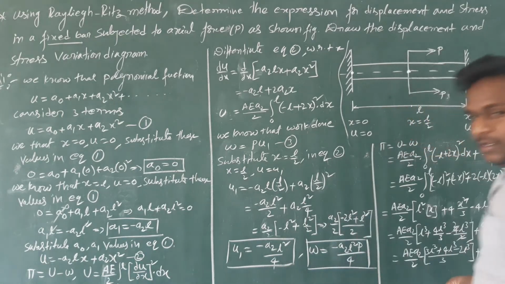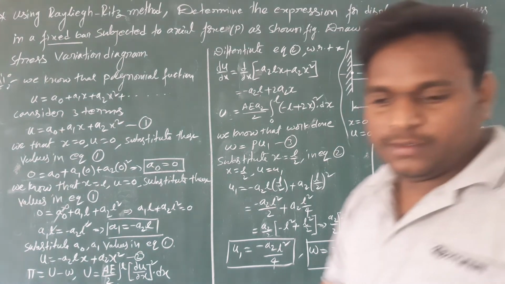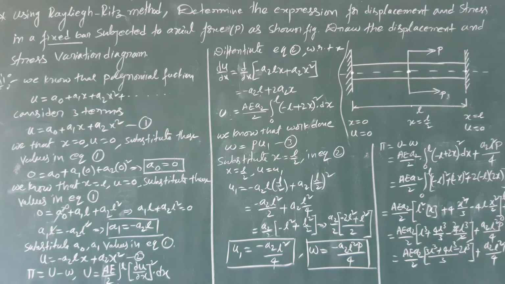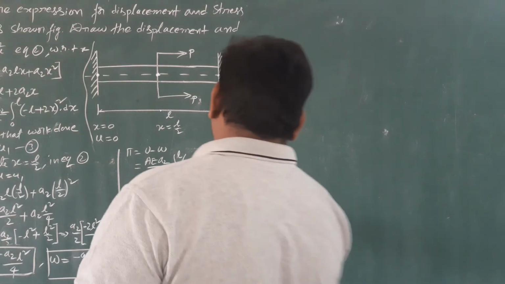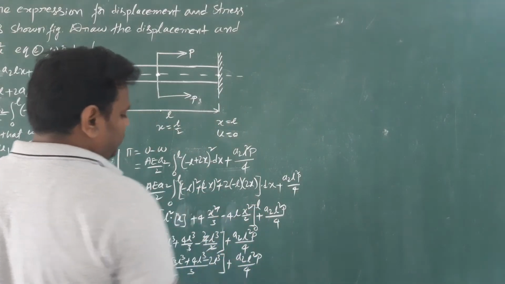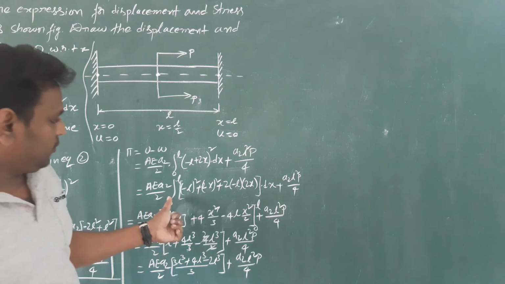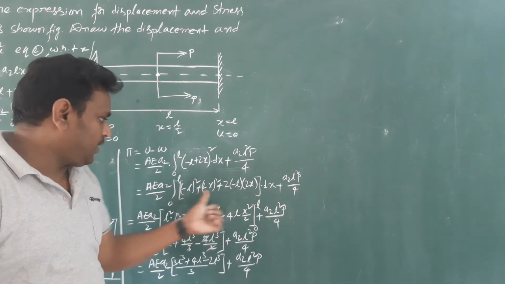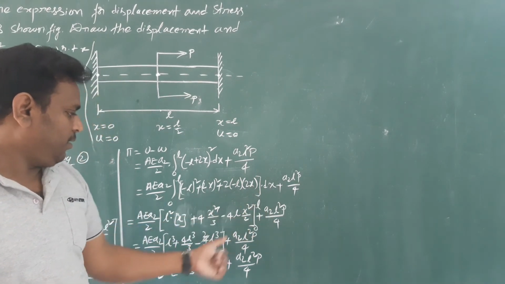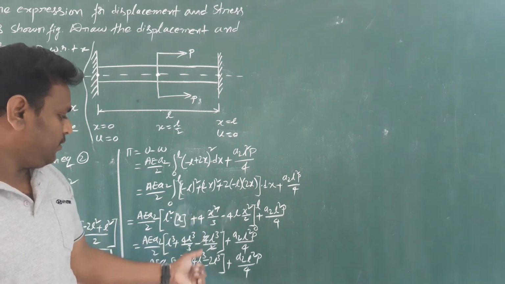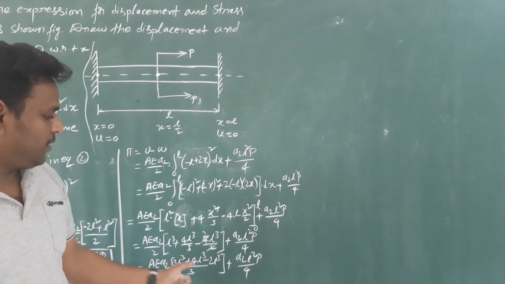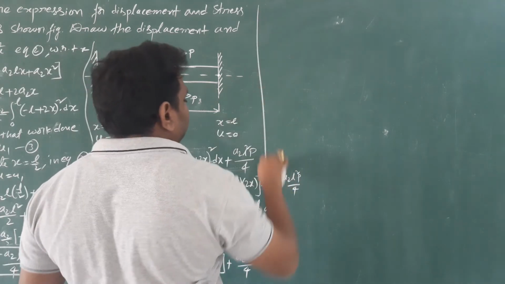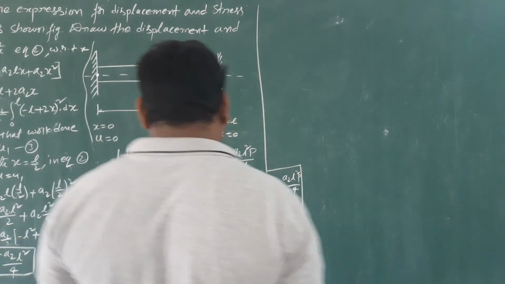So I will show you this in this way. Just apply only the A plus B whole square equation, then integrate this entire equation and apply the limits, and after that take the LCM. Okay.